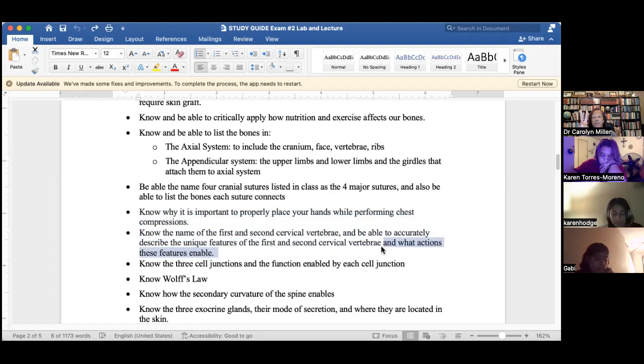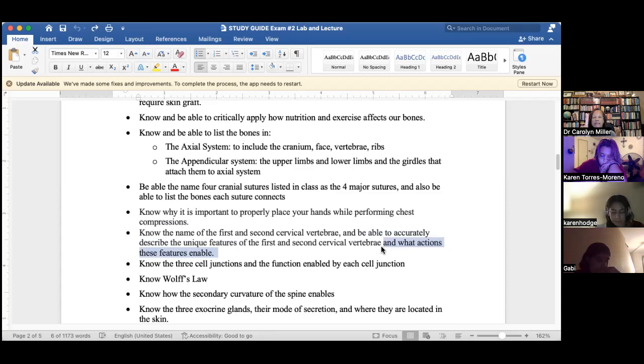Its unique feature is no body, and it has smooth facets that sit up against the occipital condyles. And its action: those two small bones can now glide over each other as we nod for the yes movement.